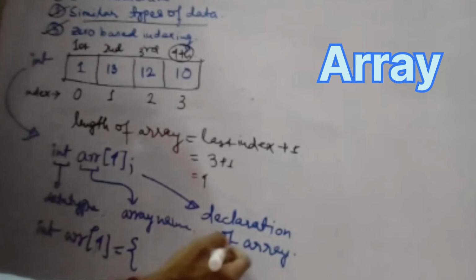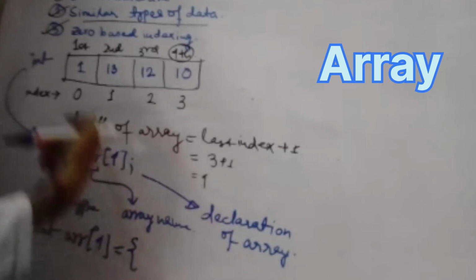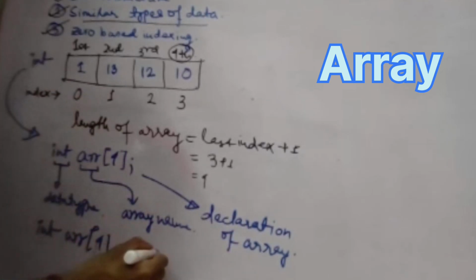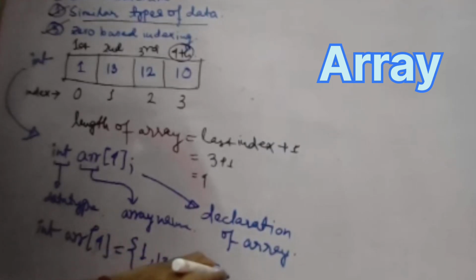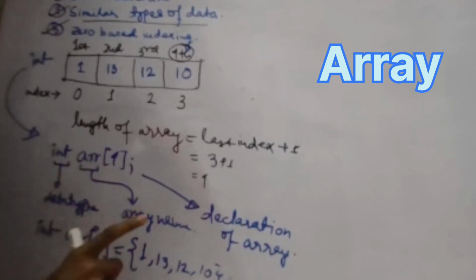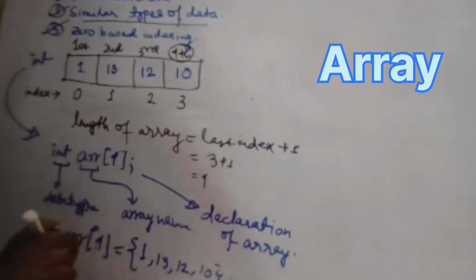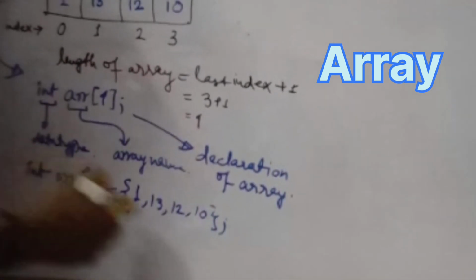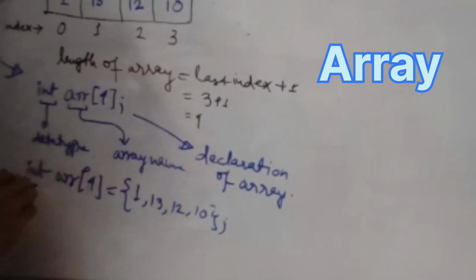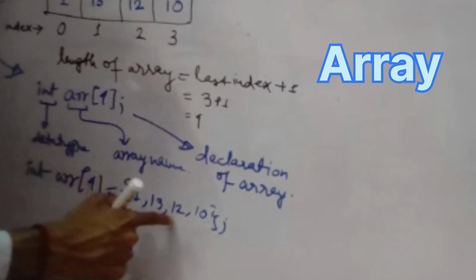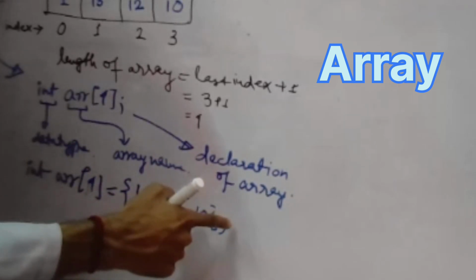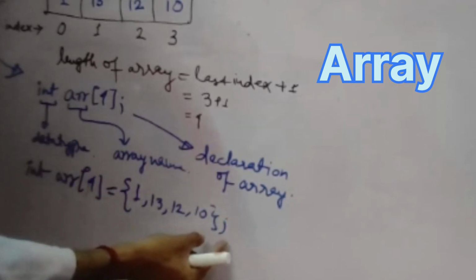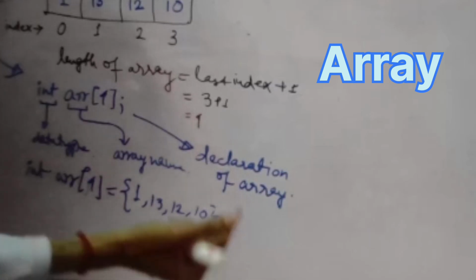In between the curly braces, we put the values: 1, then 13, then 12, then 10, then the semicolon. I hope you can see this. If not, please let me show you. So it is int arr[4] = {1, 13, 12, 10}; according to the convention of the C programming language.